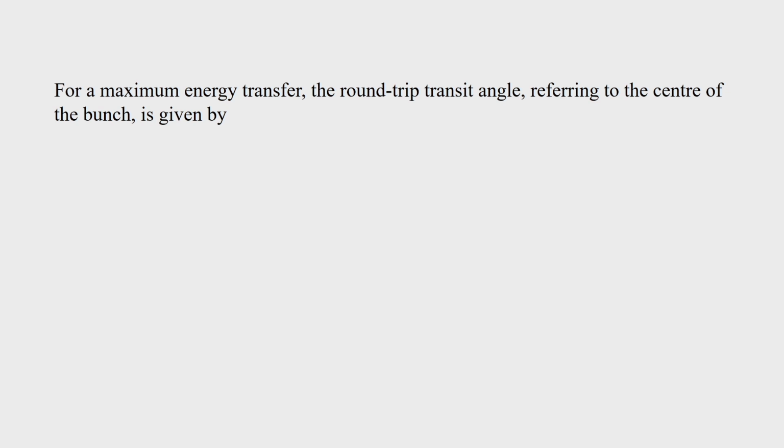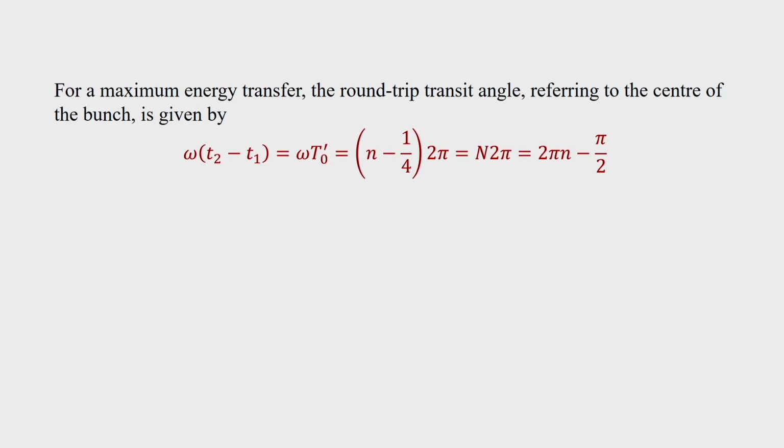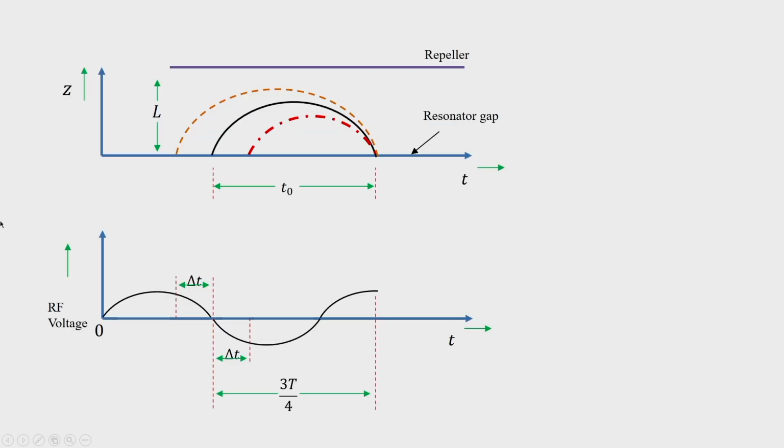So, having defined these parameters, we find that for a maximum energy transfer, the round trip transit angle referring to the center of the bunch is given by omega (T2 minus T1), it must be equal to omega T naught' equal to (n minus 1/4) 2 pi. We can see that here we showed the first bunching, which occurs at 3T by 4.